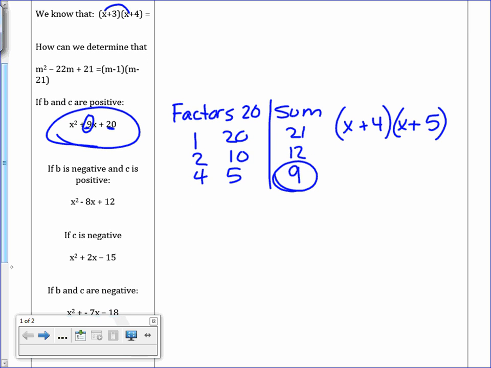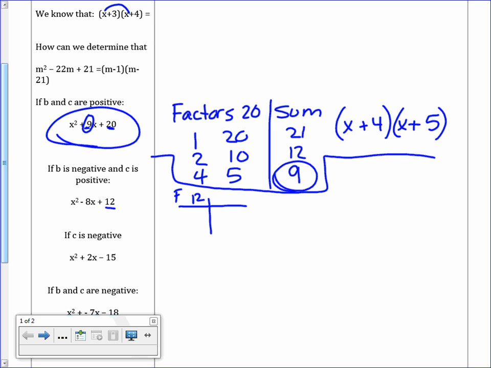If b is negative and c is positive. All right. So what we want to do is figure out our factors of 12. Now, because I have a negative 8x, I'm going to focus on a negative times a negative because my 12 is positive.